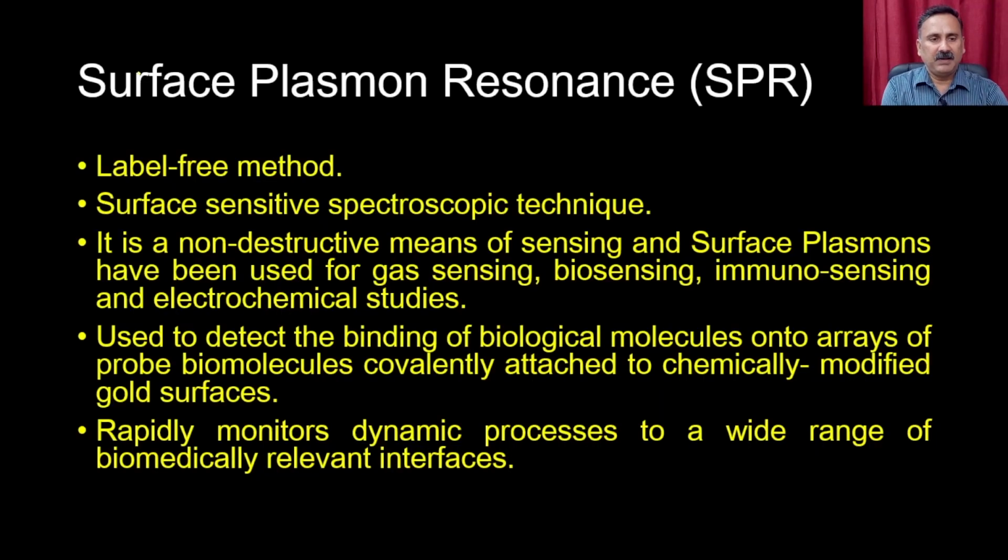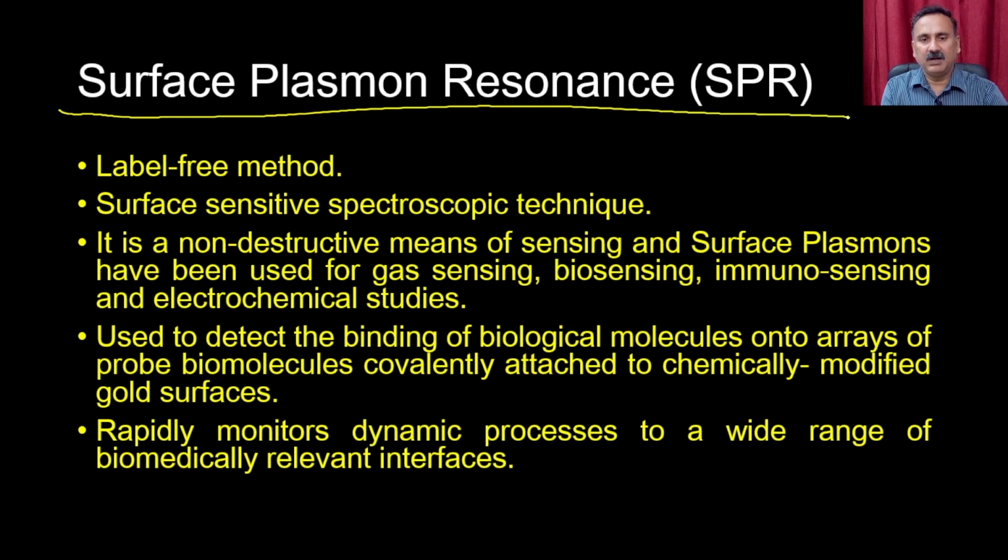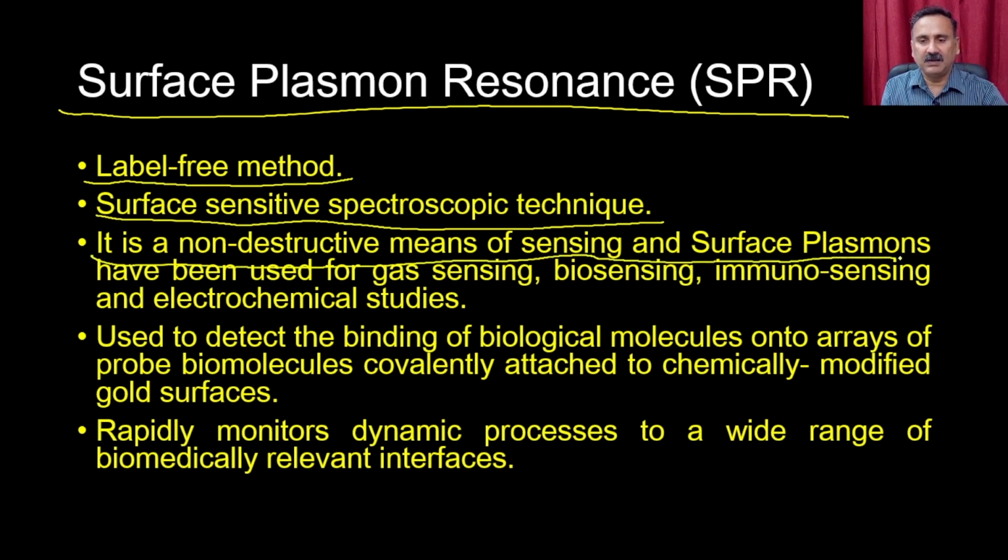So now, what is SPR? SPR, or surface plasmon resonance, is a label-free method. It's a surface-sensitive spectroscopic technique. It is a non-destructive means of sensing, and surface plasmons have been used for gas sensing, biosensing, immunosensing, and electrochemical studies.